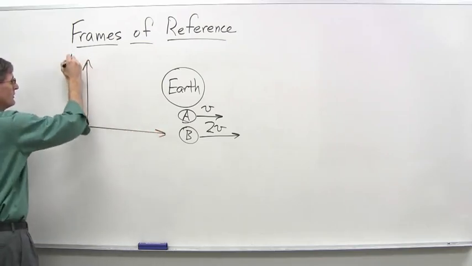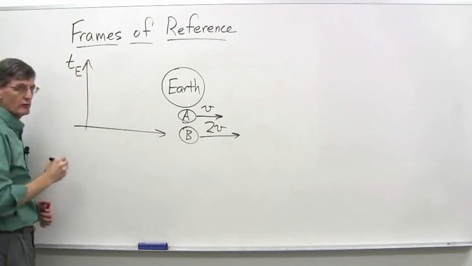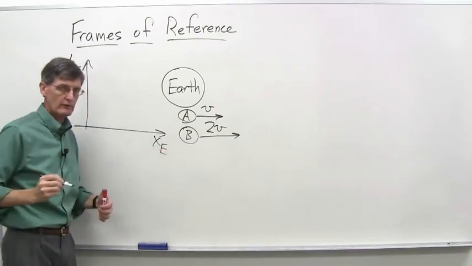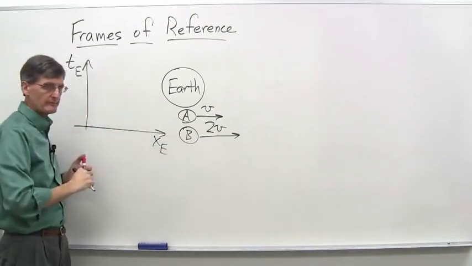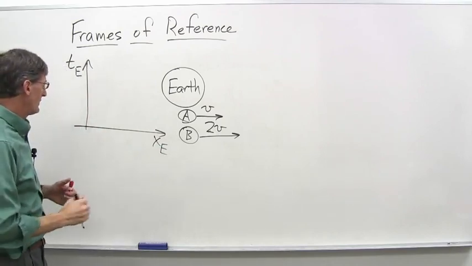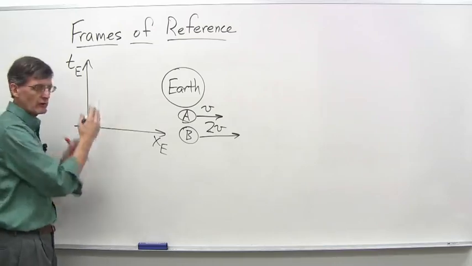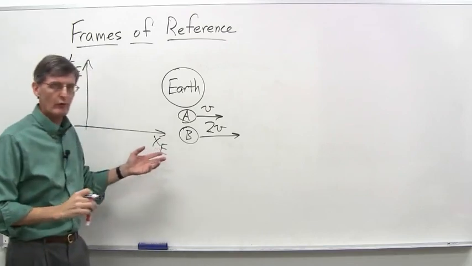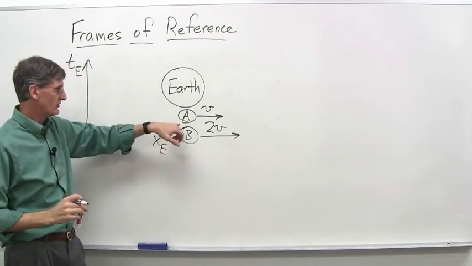Okay, so we'll call this T sub E for the Earth frame of reference, and X sub E for the position in the Earth frame of reference, so time and position with respect to Earth. We don't need the tick marks here. We'll do this not quite as precisely, but we'll get the essential details.